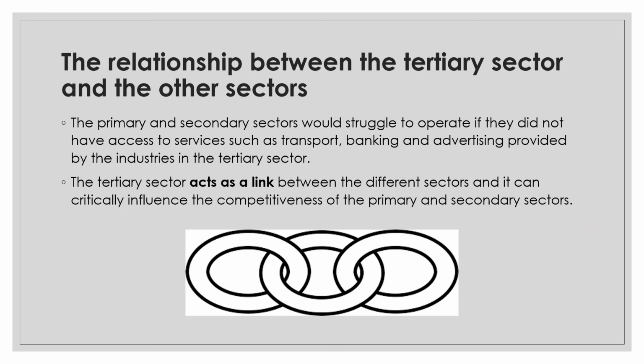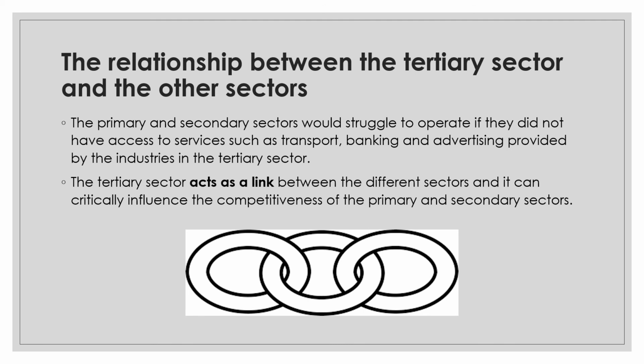What is the relationship between the tertiary sector and the other sectors? The primary and secondary sectors would struggle to operate if they did not have access to the services provided by the tertiary sector. The tertiary sector acts almost like a link between the primary and the secondary sector.